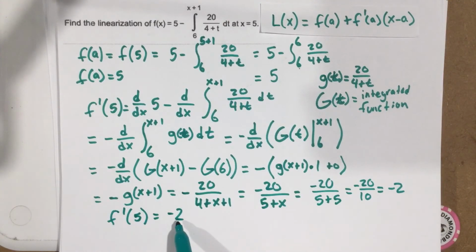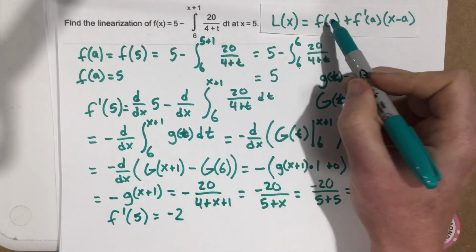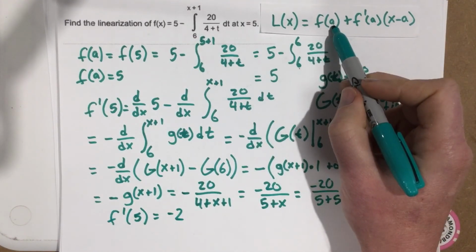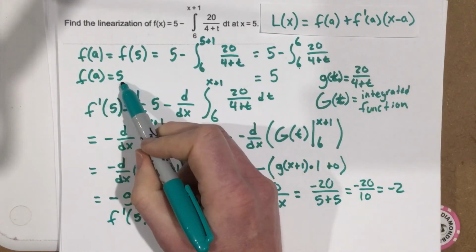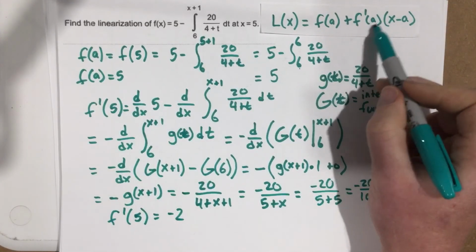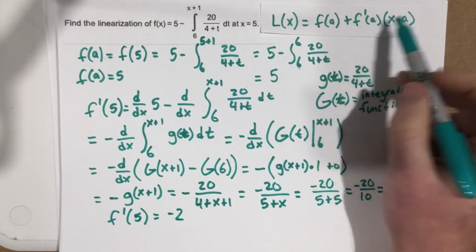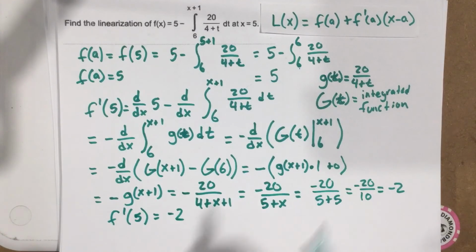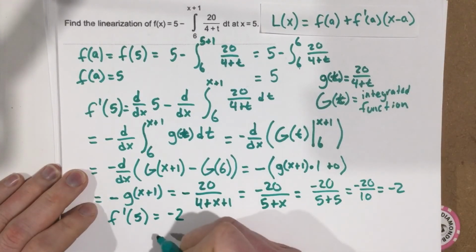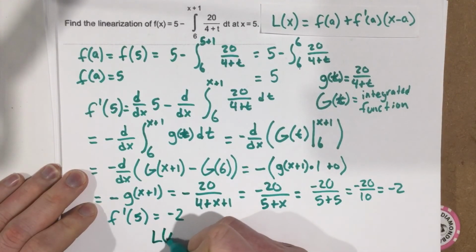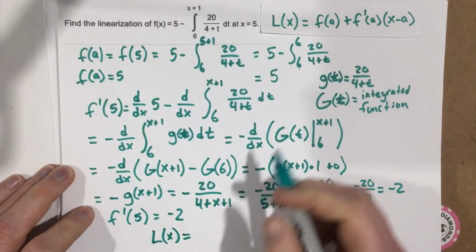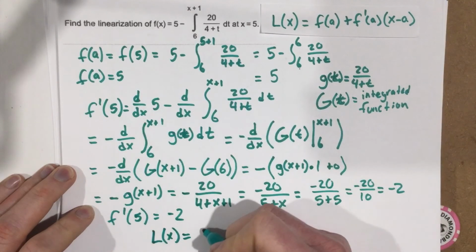So now that I know the f prime of, well, in this case, our a is 5, right? So f prime of a we found to be negative 2, and I know that a is 5. So I can write this function out. So our linearization here is equal to, well, f of a, we know is 5, so 5.